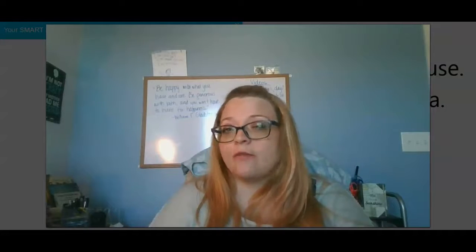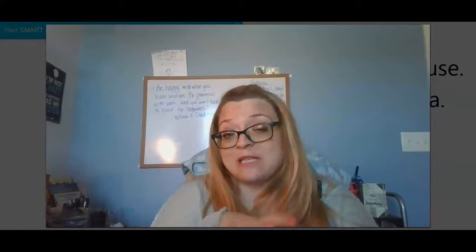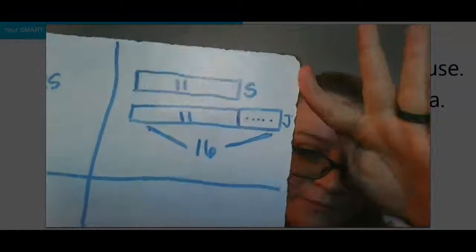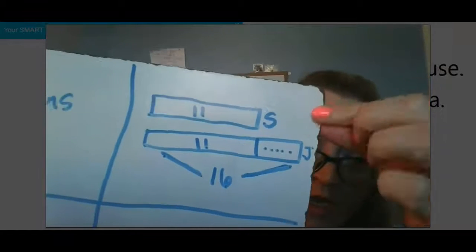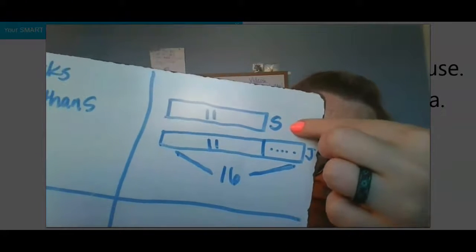What you got going on over there? All right, let's see. If you need more time, pause me, take more time. But I'm going to show you what your tape diagram should look like. Shanika has 11.